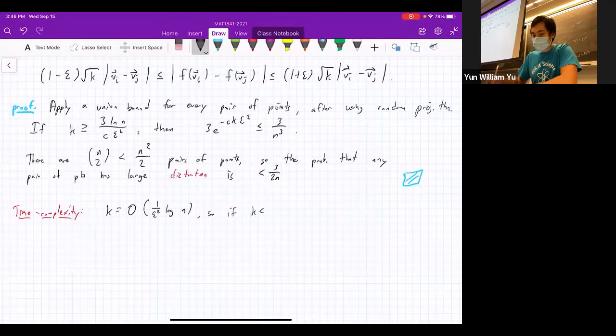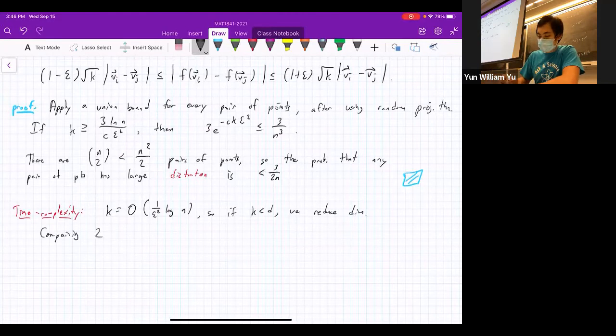So if k here is less than d, we reduce the dimension. So how long does comparing points in R^k take? Only O of k time instead of O of d, because their dimension is lower.